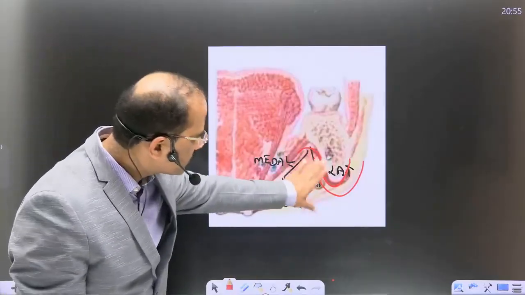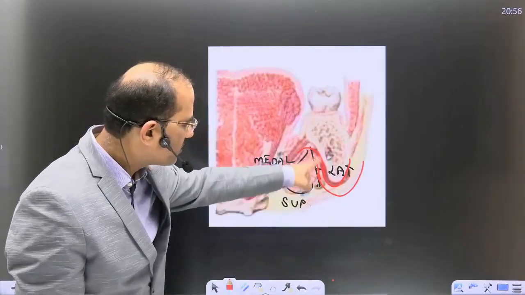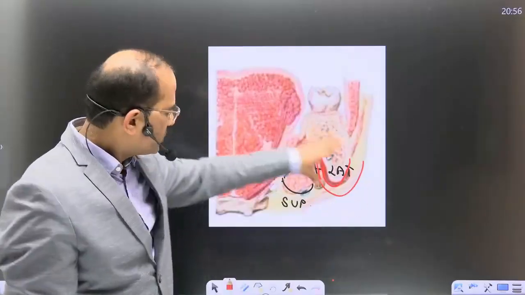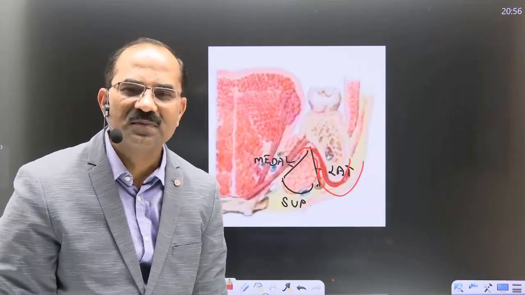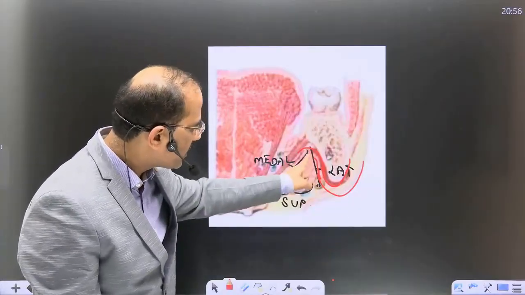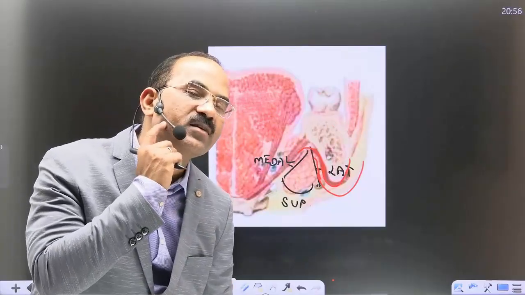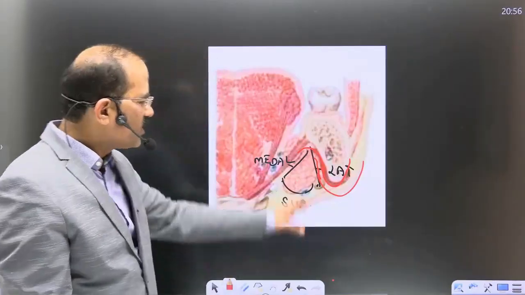So the lateral surface of the superficial part of the gland would be related to the mandible and the facial artery. The facial artery winds around the gland and then comes here on the anterior border of masseter. That's the facial artery.